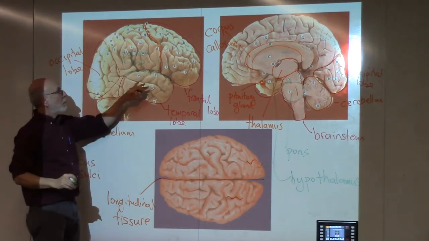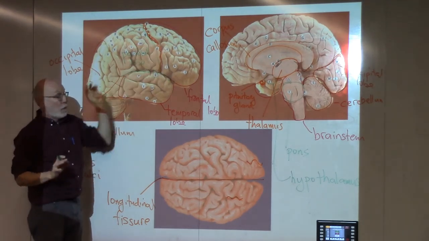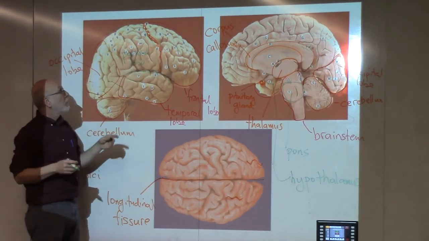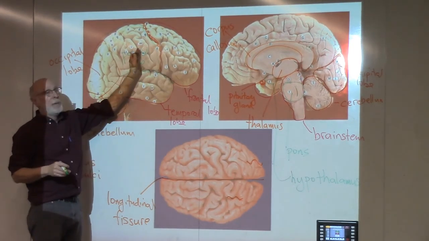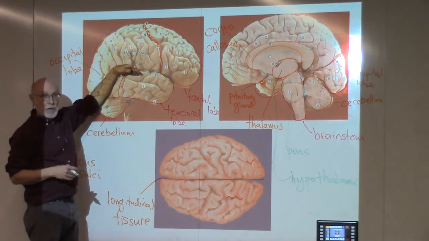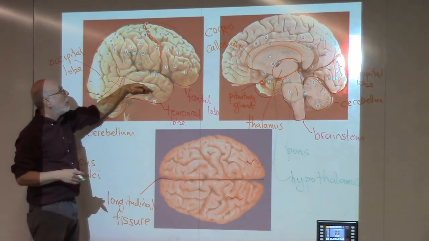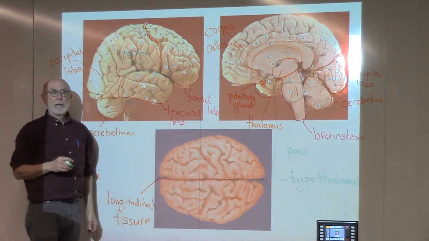The sulcus that separates the temporal lobe from the frontal and parietal lobes. So let me use the language. The central sulcus separates the frontal lobe from the parietal lobe. X, that you're naming, separates the temporal lobe from these other two lobes. What is the name of X?